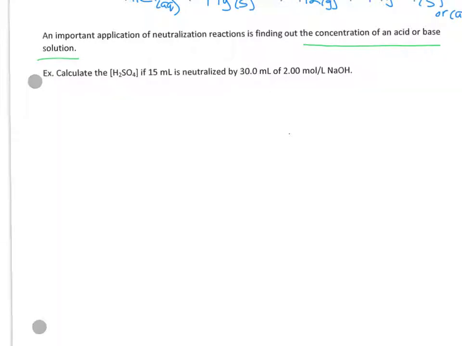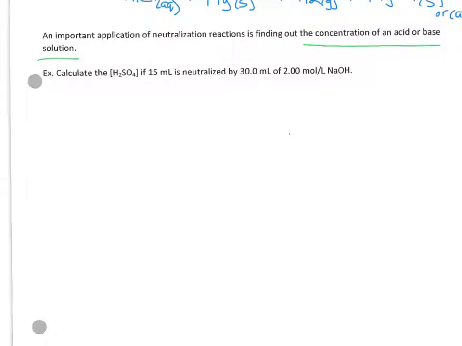So basically, we're going to use solution stoichiometry, so a mole ratio, to figure out the concentration of our acid. So in this problem, we want to know the concentration of sulfuric acid. If we have 15 milliliters and it's neutralized by 30 milliliters of 2.0 mole per liter NaOH.